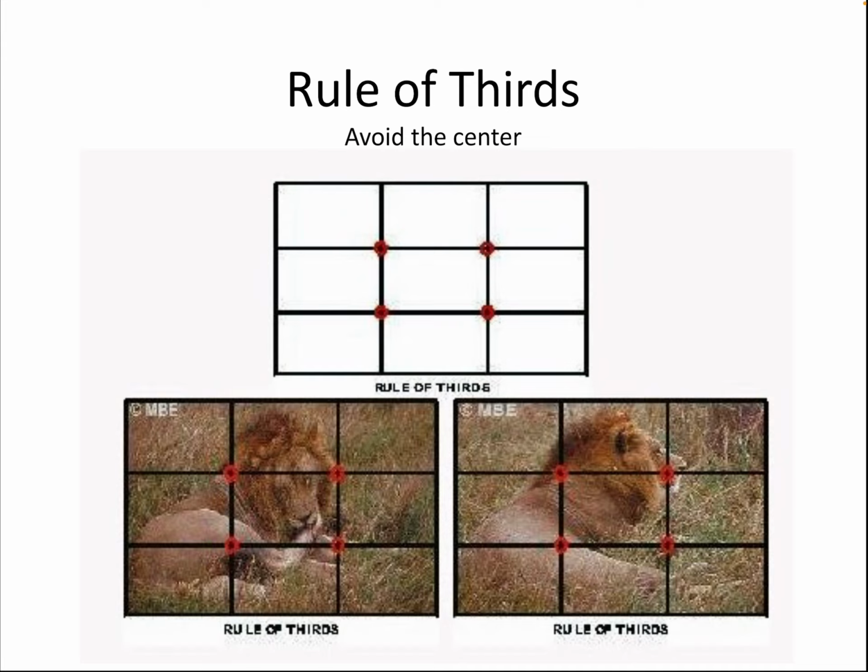Instead, we aim to have our focal point fall on those 1/3 marks, either 1/3 vertically, 1/3 horizontally, or we really like for things to fall where those lines meet. So it can be an easy way to recompose your photo. I always recommend that you take a photo and then crop it, so you can control that composition.